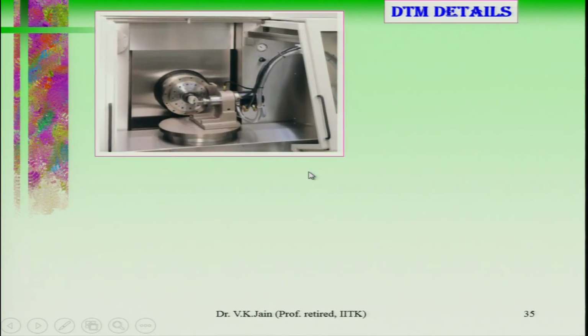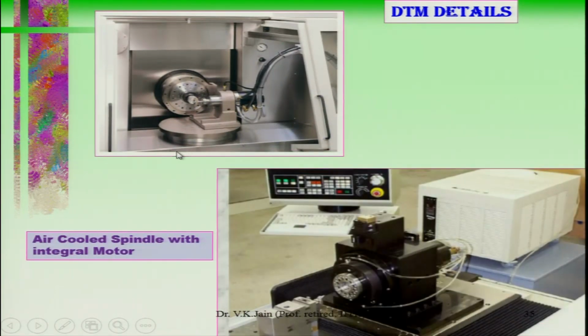You can see the DTM details here. You can clearly see the cutting tool, the workpiece being turned and other features of the machine. In more detail, this is the cutting tool, the workpiece can be held over here, and there is an air cooled spindle with an integral motor.